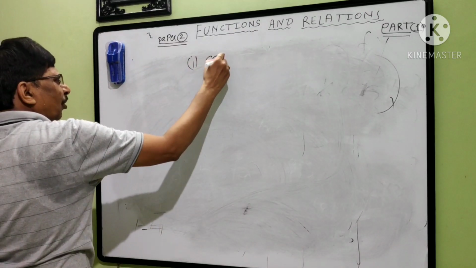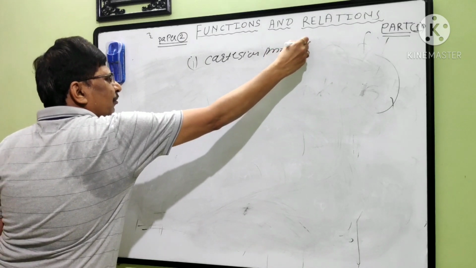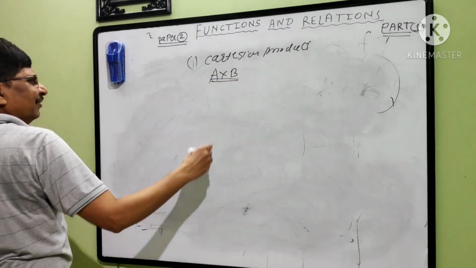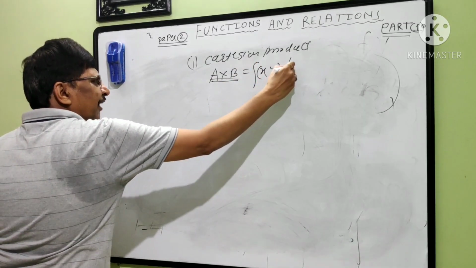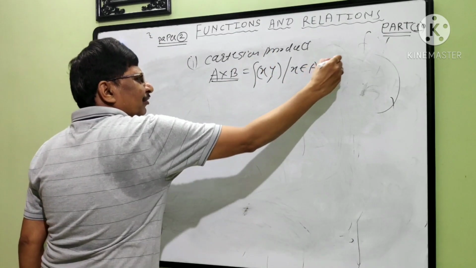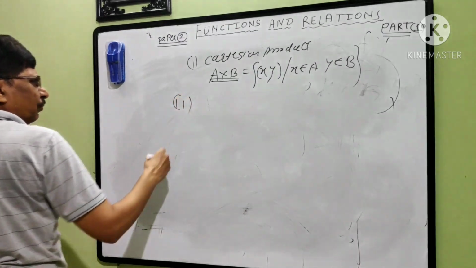First is the Cartesian product. If A and B are two sets, then A cross B is the set of all ordered pairs such that x belongs to the first set and y belongs to the second set. Number two, function.